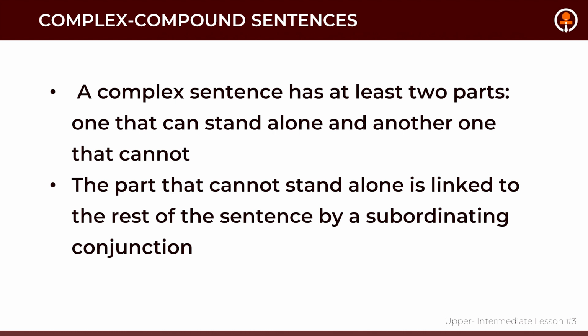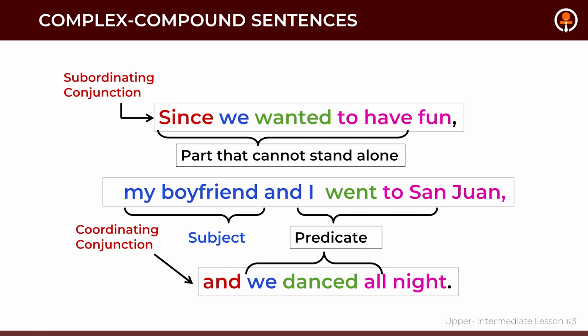What about complex compound? A complex compound sentence is a mixture of the above two. So in a complex compound sentence, you have at least two independent clauses and one dependent clause. Let's take a look. Since we wanted to have fun, my boyfriend and I went to San Juan and we danced all night.